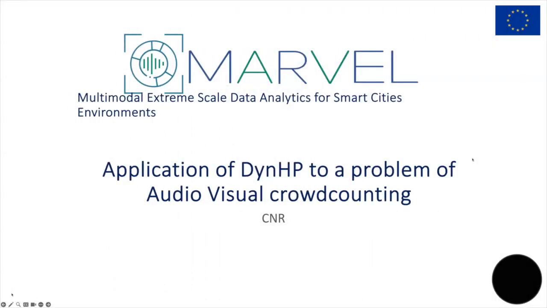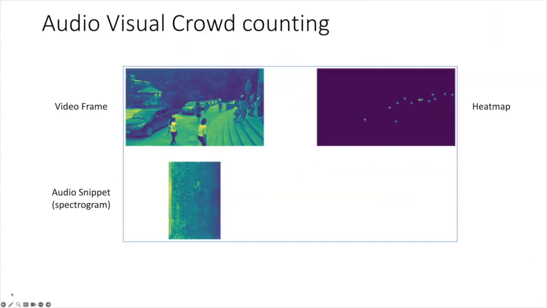In the second half of the project, the DynHP methodology has been refined and finally tested on one of the models provided by the consortium. Specifically, DynHP has been applied to a model used for the audio-visual crowd counting task.